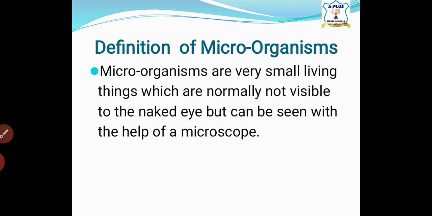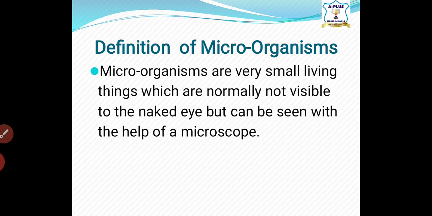Now, before we move forward, we need to talk about the definition of microorganisms. At least we need to know what we're talking about, what microorganism really means. Microorganisms are very small living things which are normally not visible to the naked eye, but can be seen with the help of a microscope.